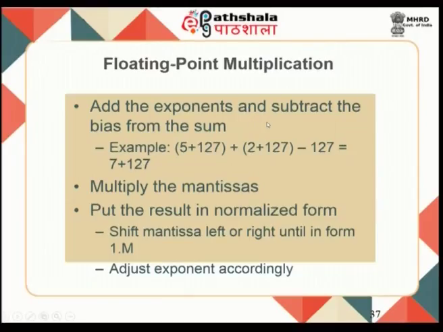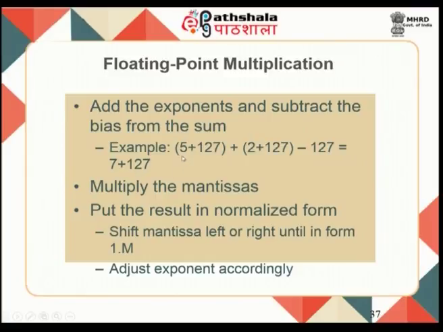When you have two operands represented in the standard form, remember that both the operands are available in the excess-N notation or the biased exponent notation. So, in order to find the result's exponent, what you have to do is add the exponents and subtract the bias from the sum.